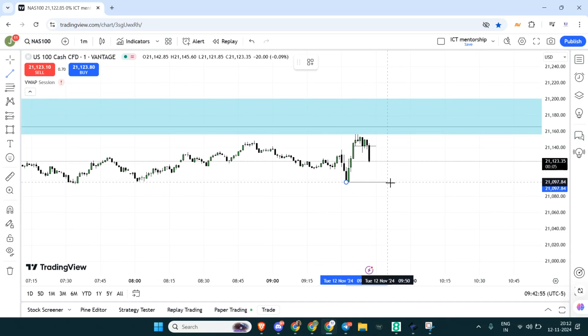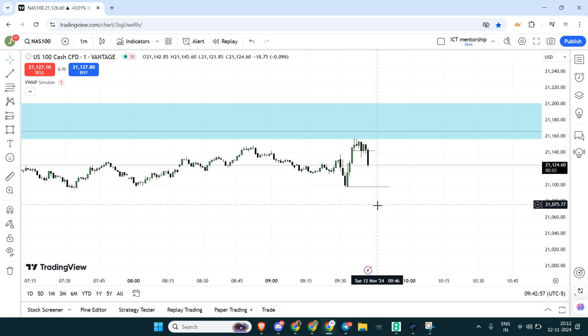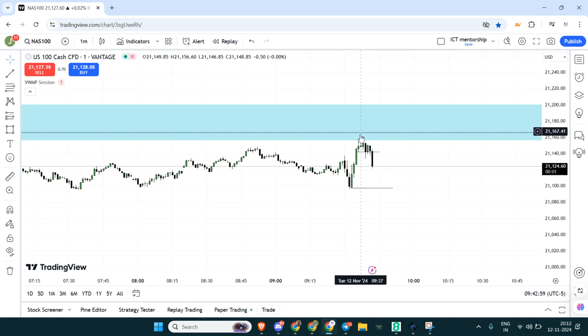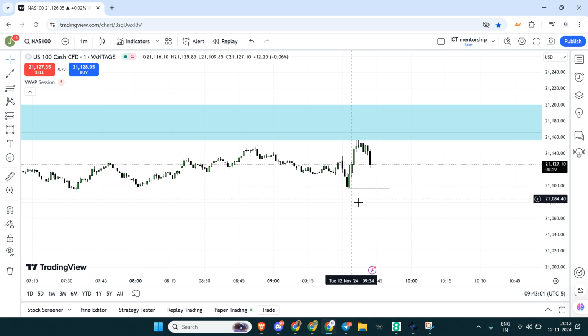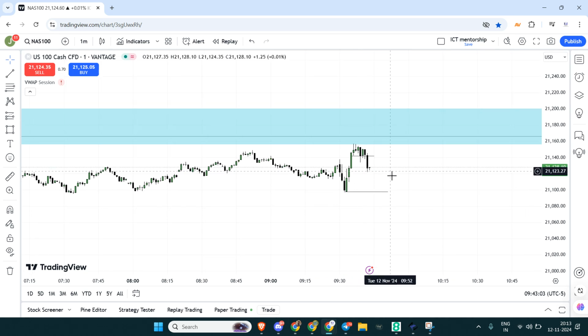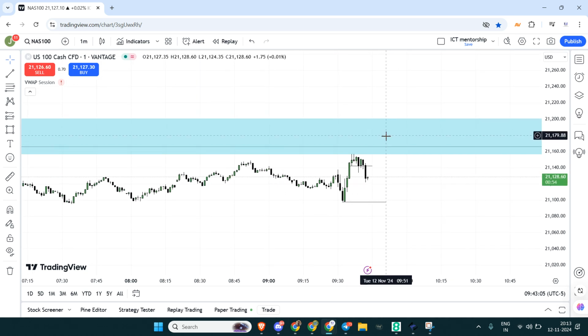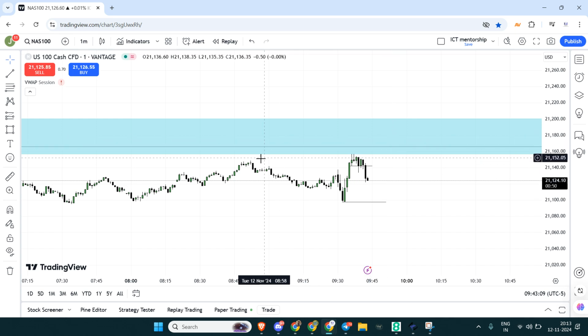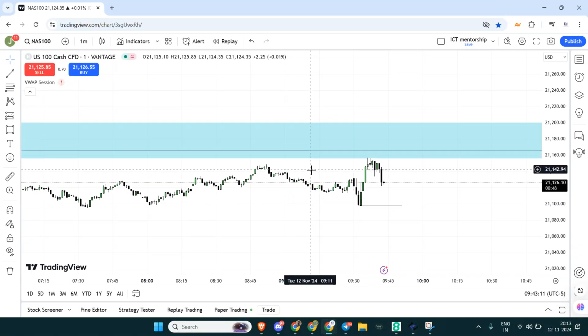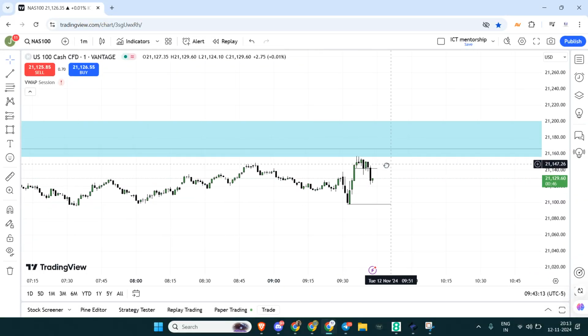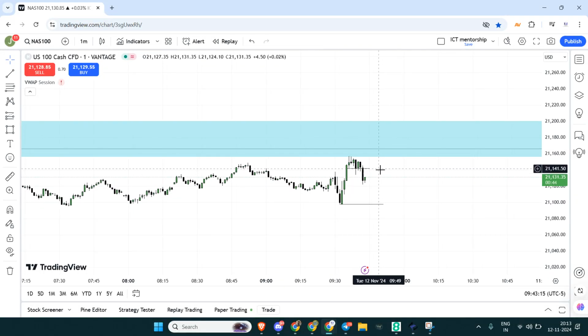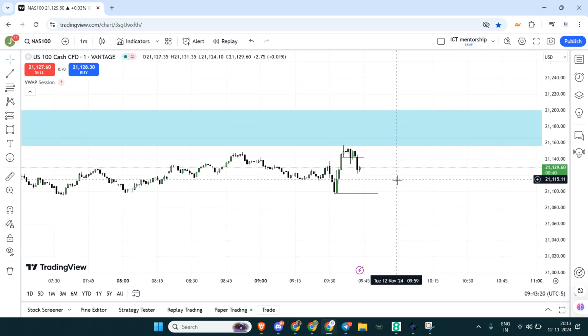If you are getting a body break here, because this is a beautiful swing low, maybe price does not need this liquidity. Maybe price is not ready to take this liquidity. If the price has already got some liquidities from these levels, then price may not go up to these levels and retrace from there.